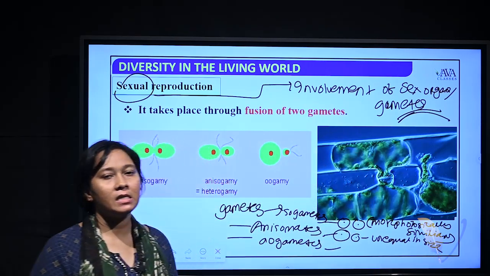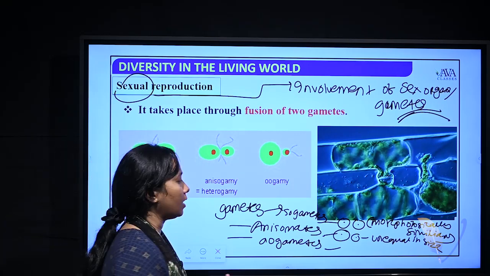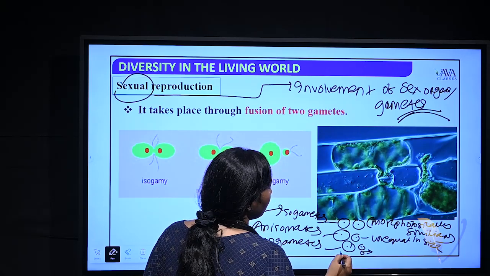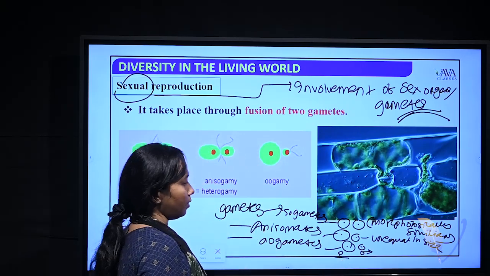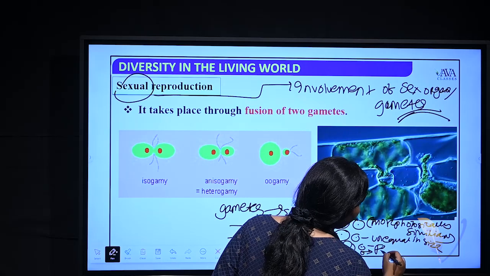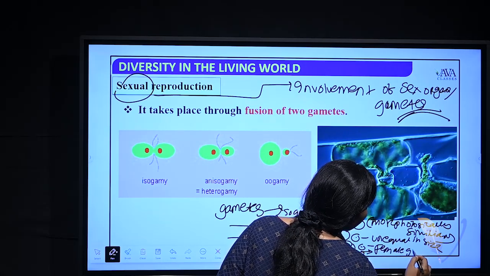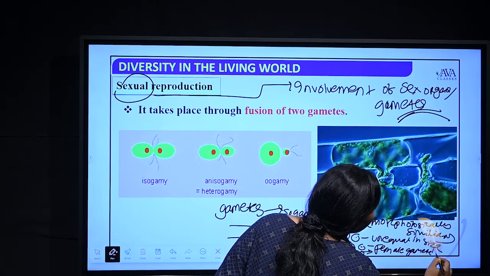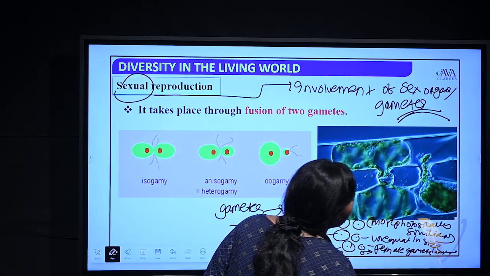In oogametes, generally the female is the larger one and the male is the smaller one. Female gamete larger.